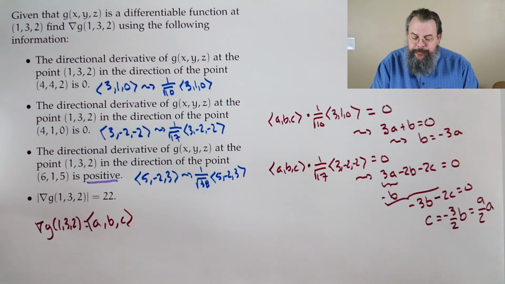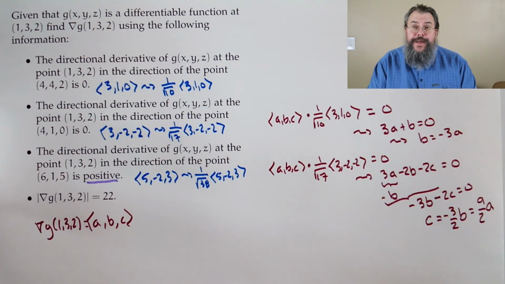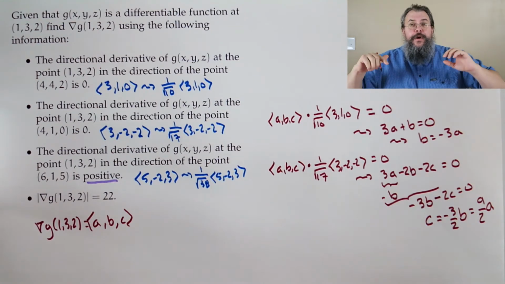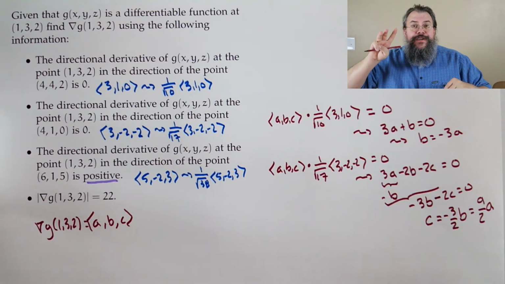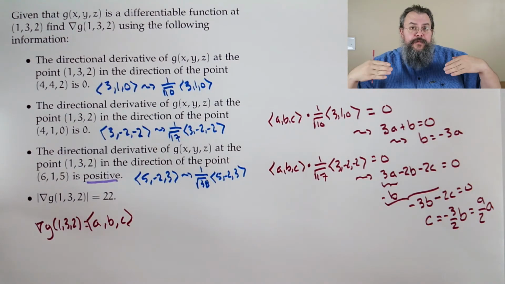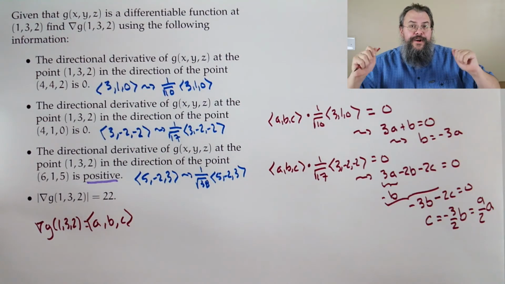All right. So this is actually good. What we've come to is the following. We almost have our gradient. Using our first two pieces of information, we've gone from 3 unknowns to 1 unknown. In fact, that's usually what happens: every time you use a piece of information, you knock out a little bit of what's unknown.